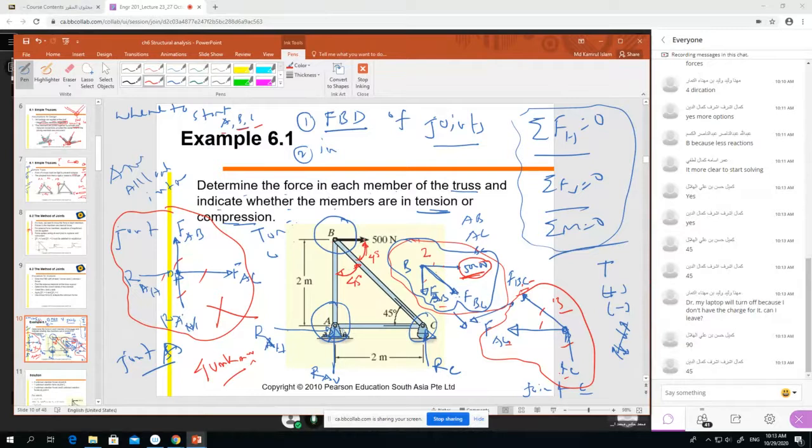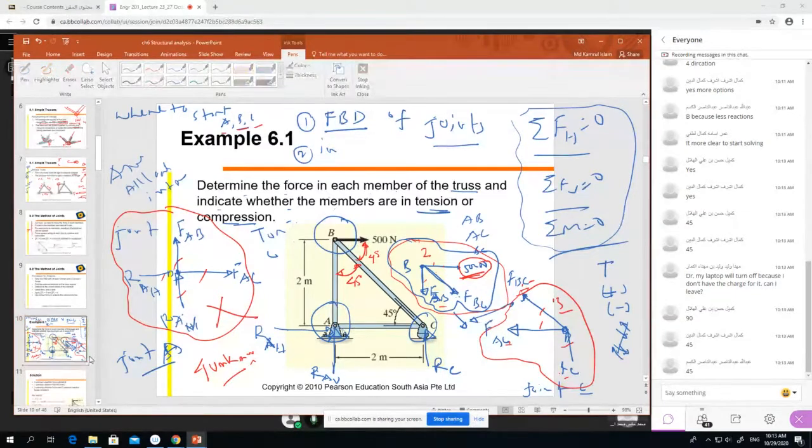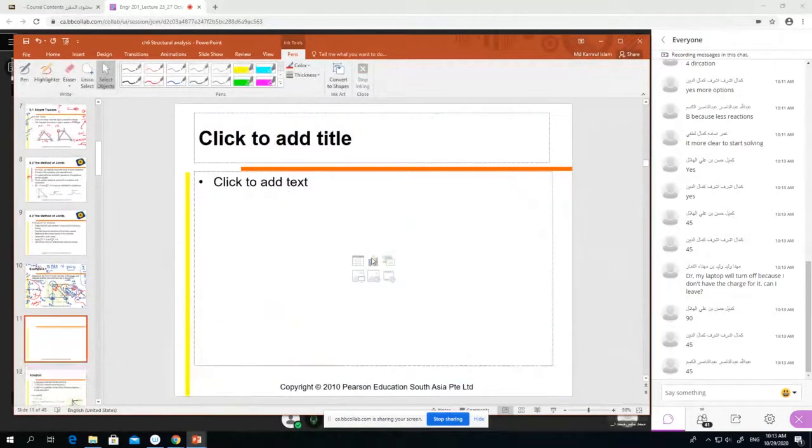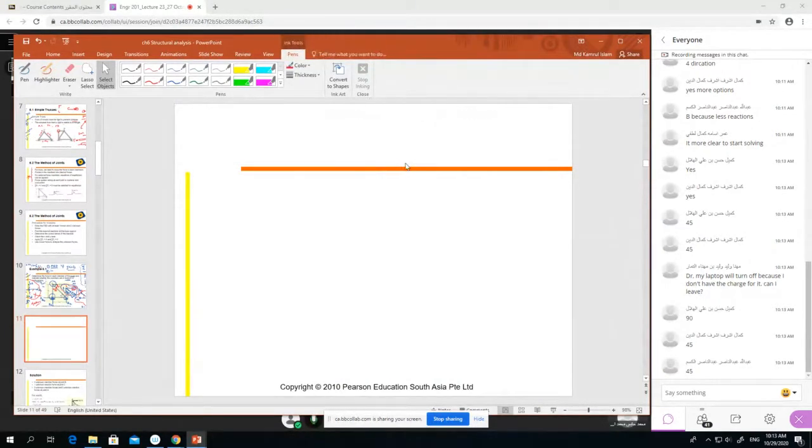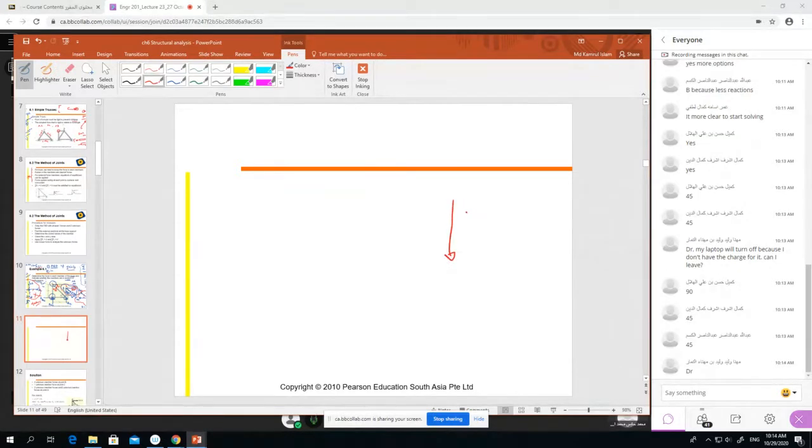Now we start with B. Let's start with B, and I draw another free body diagram of B. So what is this force? Mohan, you have any question?